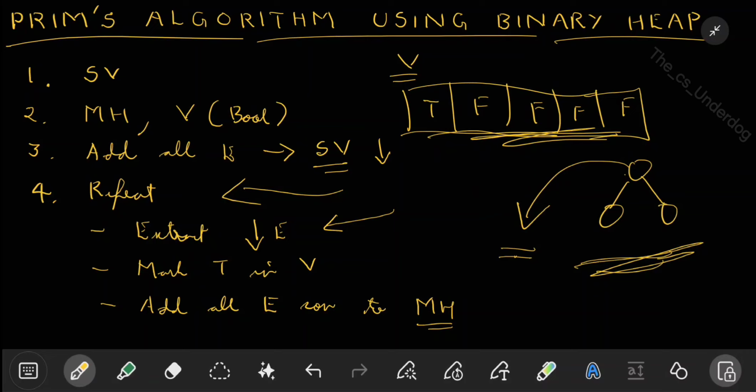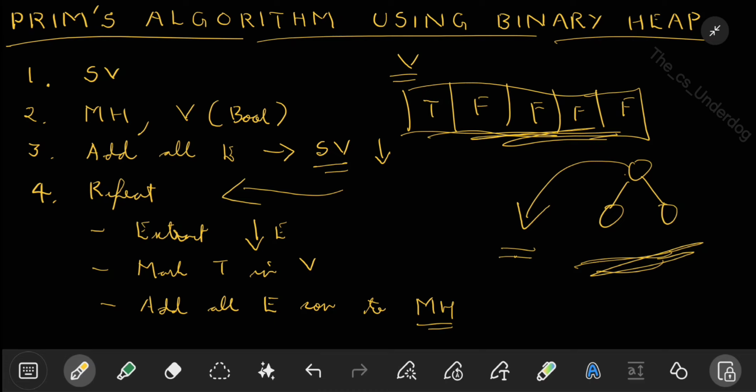So the array is indexed. You can directly go to that index and check whether this particular vertex has a true value or a false value. Once you verify that it has true for one vertex and false for the other, that is, it is crossing from the MST set to the non-MST set, then you can add this particular vertex which is not in the MST set to the MST set.